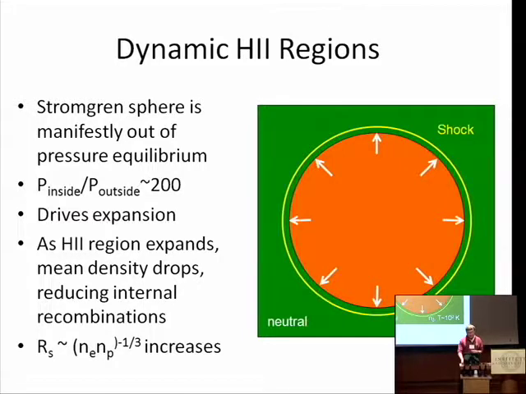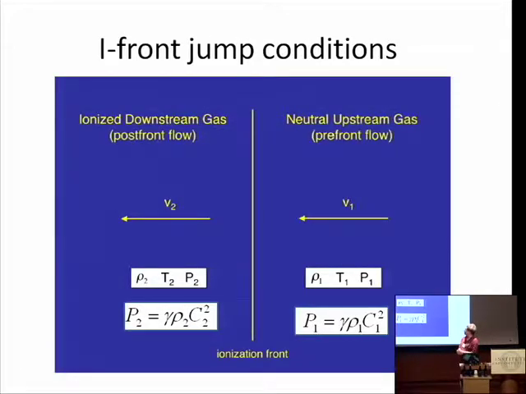So let's look into the theory of I fronts a little more closely and consider the jump conditions across an I front. Here we have the I front, and we're in the frame of the I front. We have neutral upstream gas flowing in at velocity v1, and it has these thermodynamic properties.